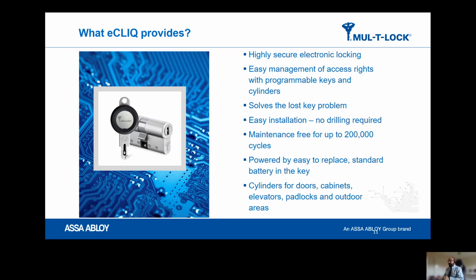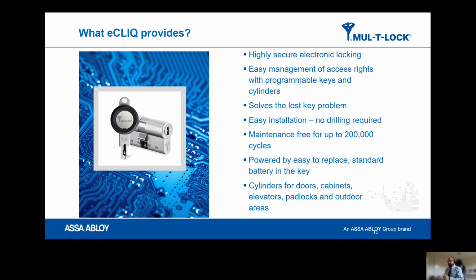Whereas here, having the eCLIQ option, all you'll then have to do is just delete that key off the software of the system and mark it as lost. And straight away, you can update the cylinders or locks on the doors and tell them that this key is lost. Even if someone finds the key on the road, they won't be able to gain access to any of these locks that are installed.